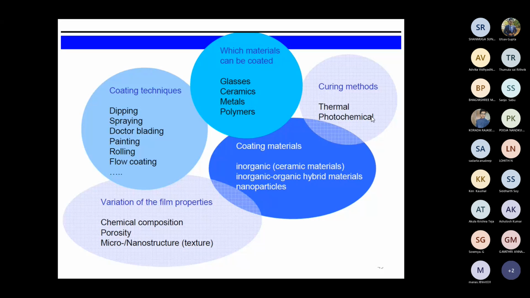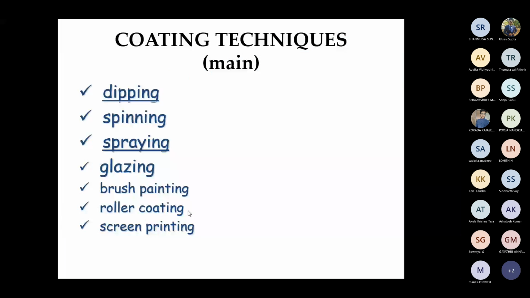Coating materials can be inorganic ceramic, organic, hybrid material, and nanoparticles. Film properties like chemical composition, porosity, and micro and nano structure can be tailored.